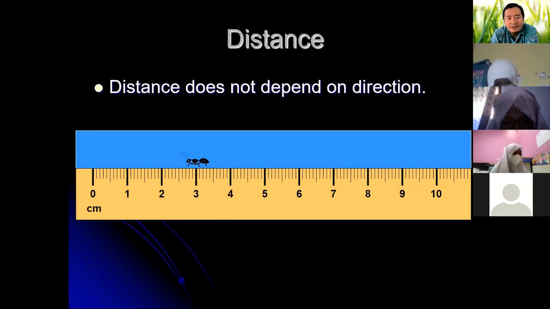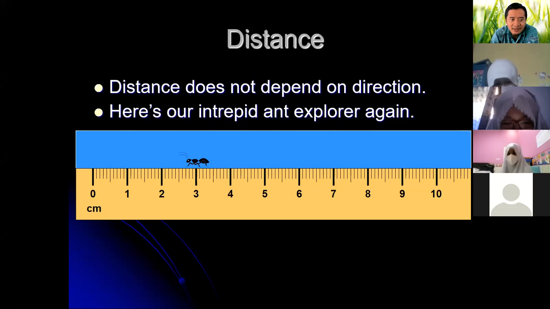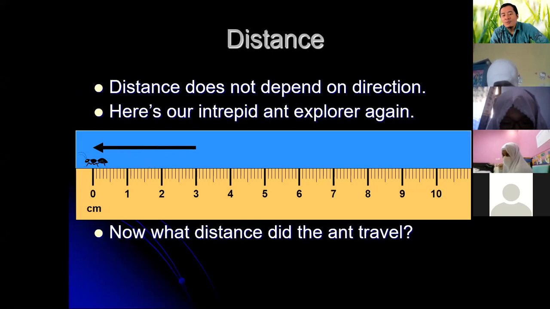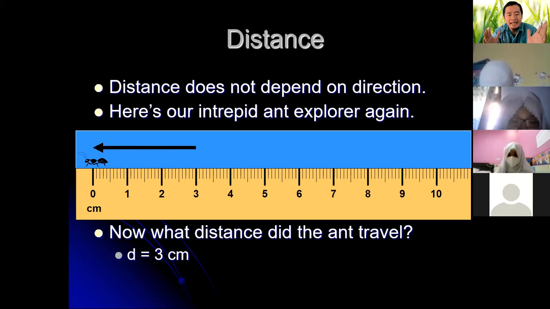Now, the distance does not depend on the direction. Now it goes from right to left. But what distance did the ant travel? The distance is 3 centimeters. Even though the direction is different, from left to right or right to left, it doesn't matter.